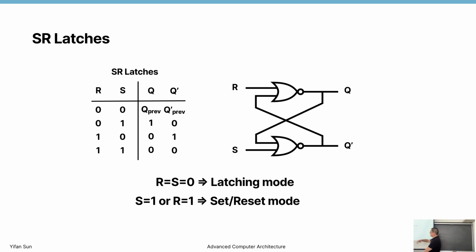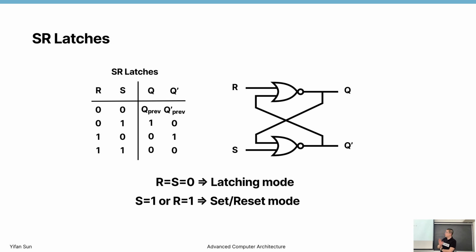If we don't want the last row to happen, if R and S are 0, we say this is the latching mode. So if R and S are 0, we don't input any data, the output Q and Q prime will stay there, will not change.